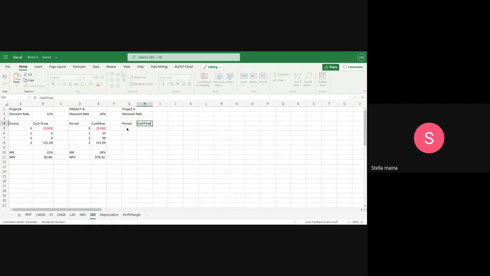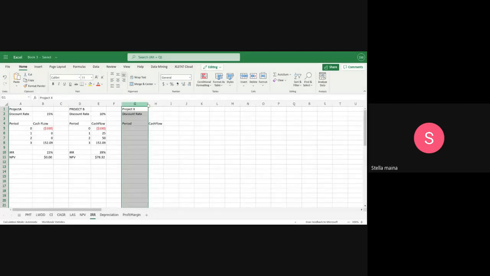So 0, 1, 2, 3 periods, and this cash flow starts at -100, meaning your initial investment, in dollars to be on the safe side.